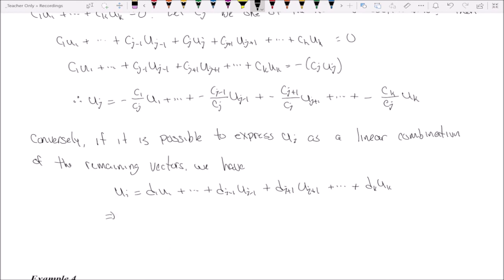which means that we can have d1u1 plus so on and so forth plus di minus 1 ui minus 1 plus negative 1 times ui plus di plus 1 ui plus 1 plus so on and so forth plus dk uk equal to 0.